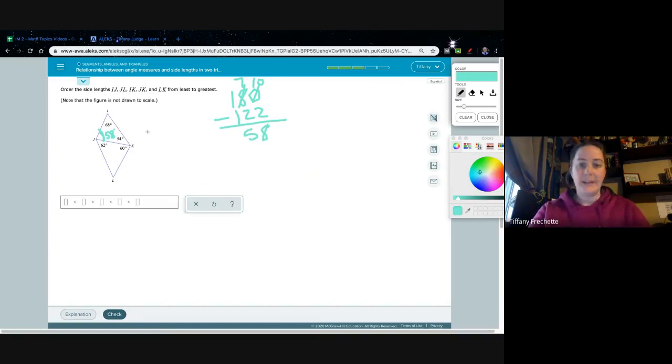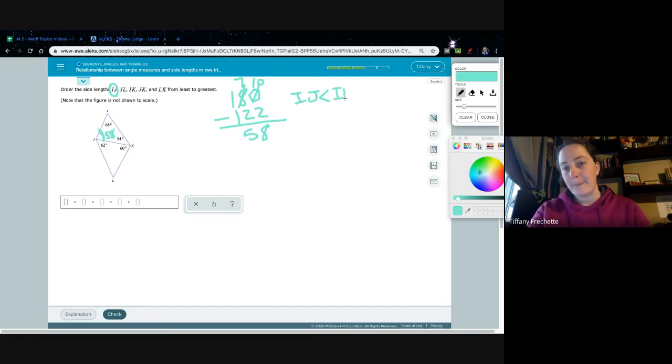All right, and then I'm going to go ahead and put them in order since I'm already starting. It's a little too scrunched here to do arrows, but 54, I'm going to go across. So that would be IJ, and I'm saying IJ because that's the way they put it up here. If IJ is less than, I'm going to go to the 58 because I'm just going in order. So I go over here and I have IK.